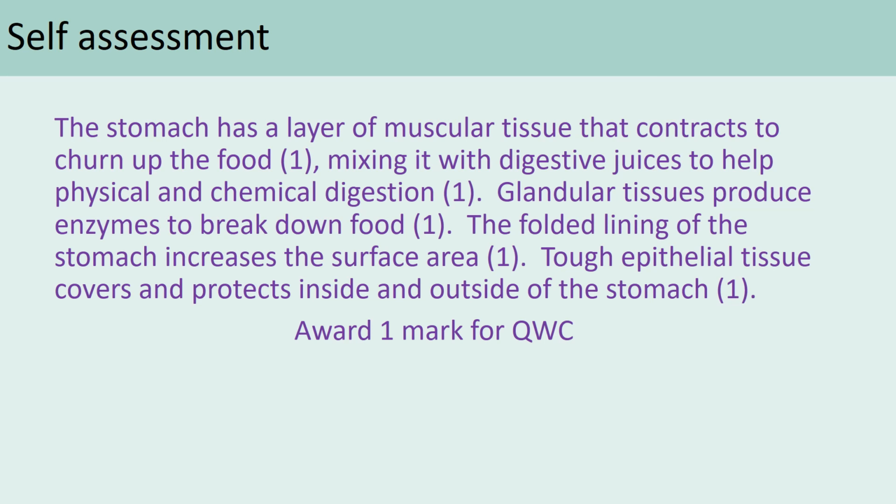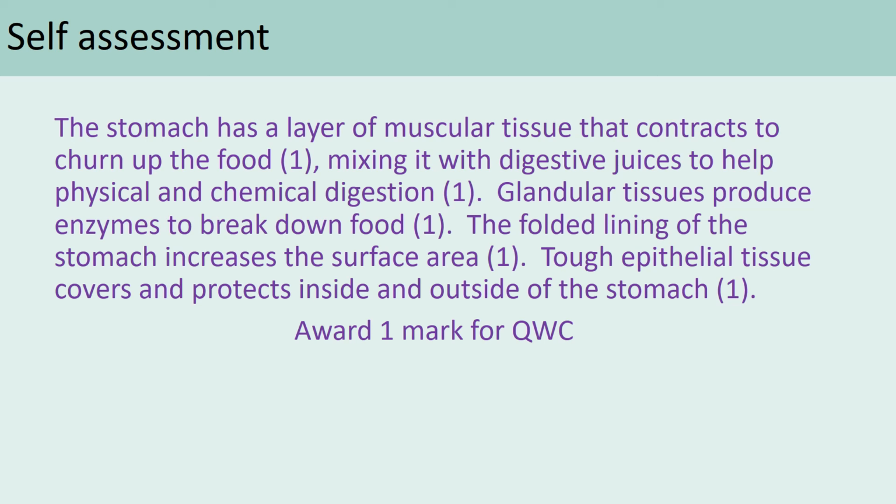You could say that the lining of the stomach has an increased surface area. That would be a mark. You can say that there's epithelial tissue that covers and protects the stomach on the outside and also on the inside. So that also would be worth a mark. So give yourself a total out of 6.